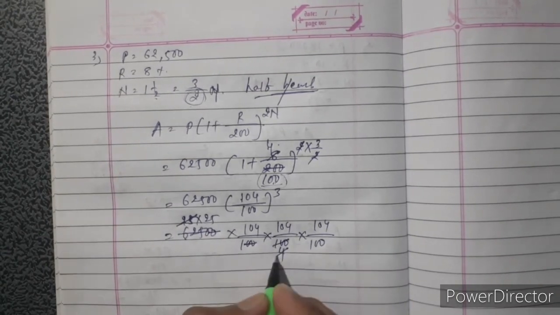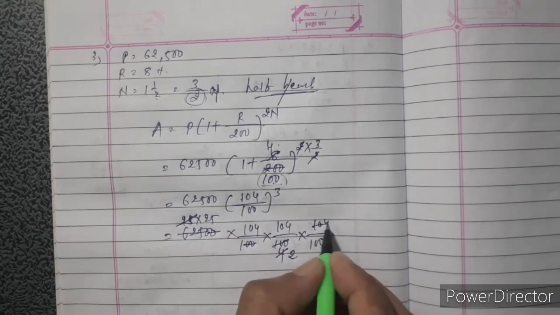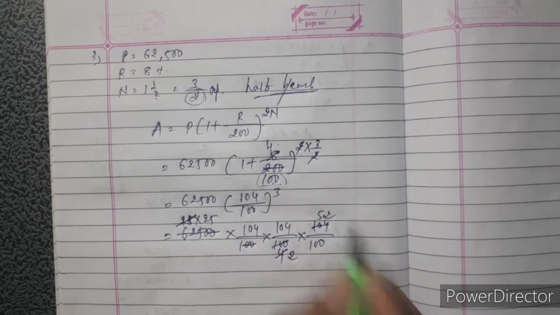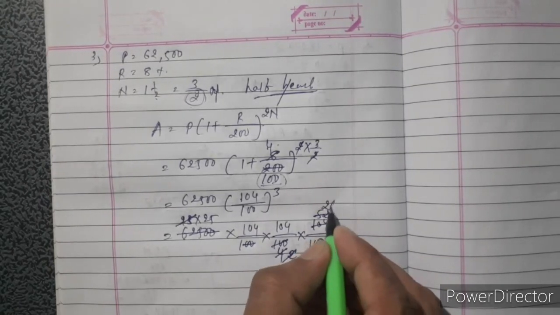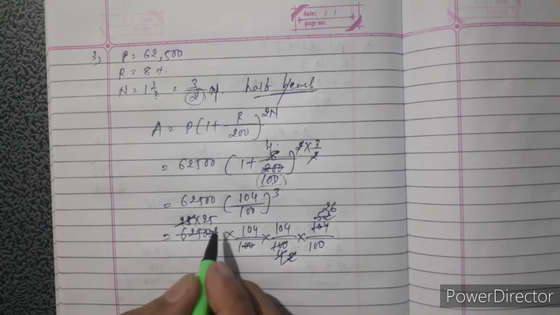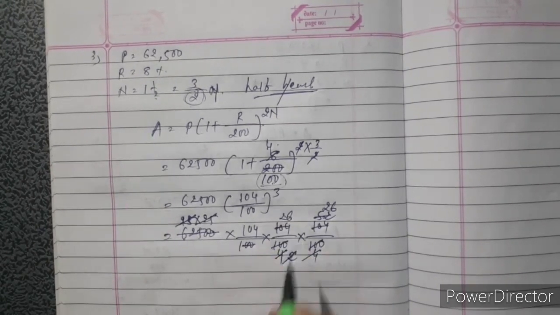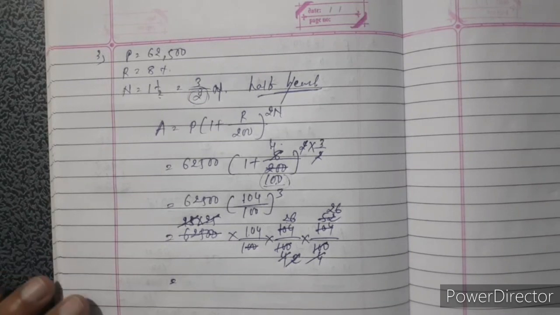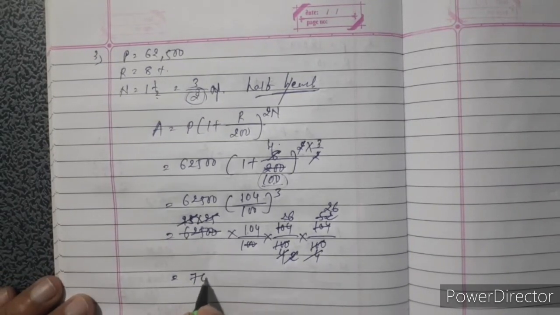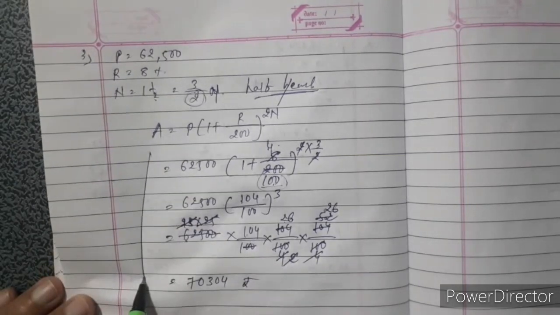Okay, here 4 2s are and here 52 2s are, again 2 26. Okay, same here 25 4s are and 4 26 are, that means 104 into 26 into 26. The answer is, I already found that one, that is 70304 rupees, that is your amount.